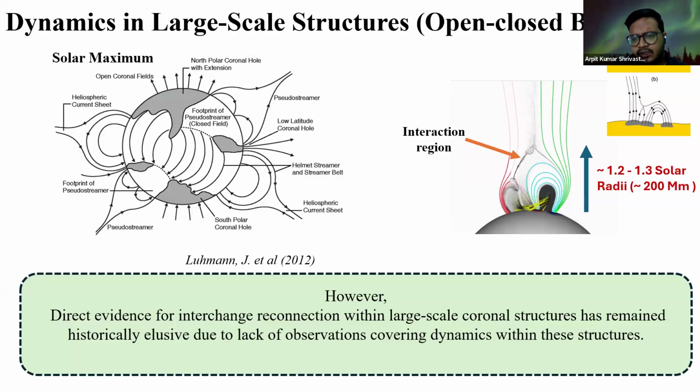Also, if you look at the height at which these are happening, around 1.2 to 1.3 solar radii in a pseudo streamer, there could be contribution from the base, which is the outflows or downflows coming from the base, which can contribute to the magnetic topology of pseudo streamers and solar wind in those structures.